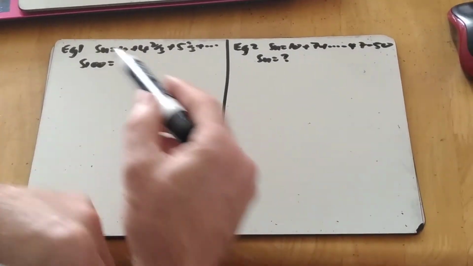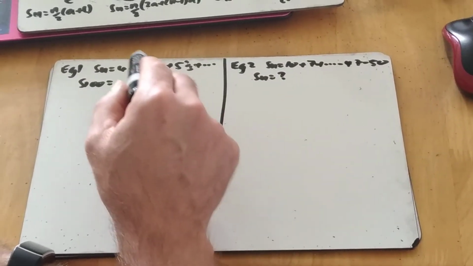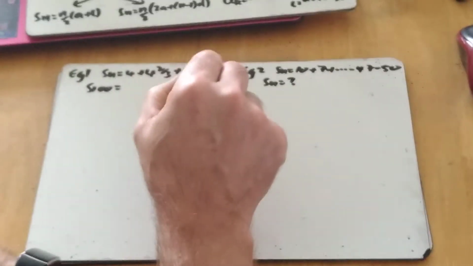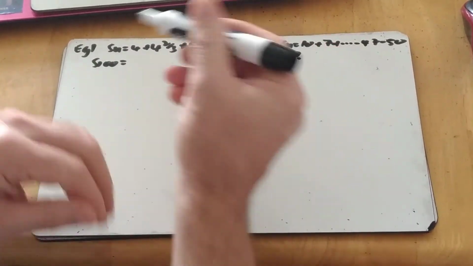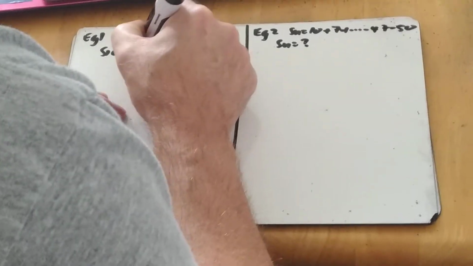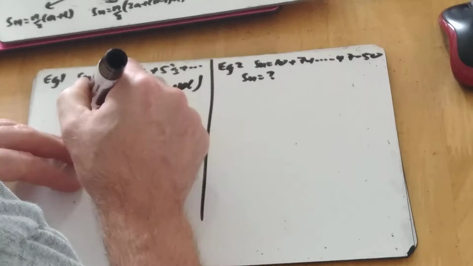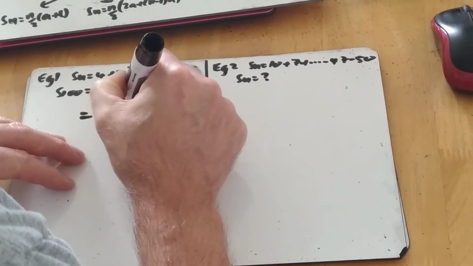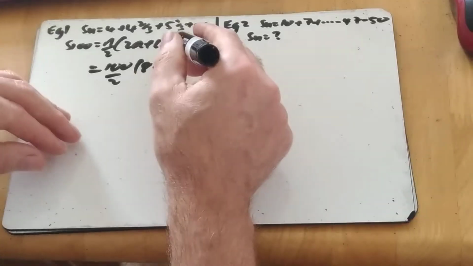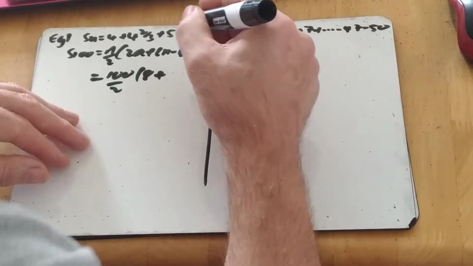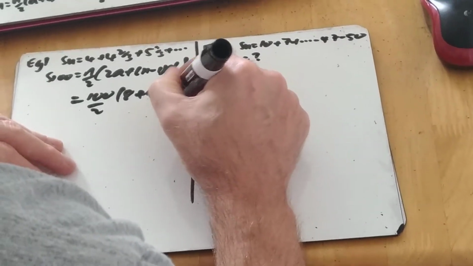So, for example, number 1, we're given S n equals 4, plus 4 and 2/3, plus 5 1/3, and so on. So I know what a is, I know what d is, but I do not know the last term, and I want S of 100, so I'm using the one without the last term. I'm going to be using n over 2 (2a plus n minus 1 d). So 100 over 2, 2a, 8, plus n minus 1, which is 99, times 2/3 is my difference.